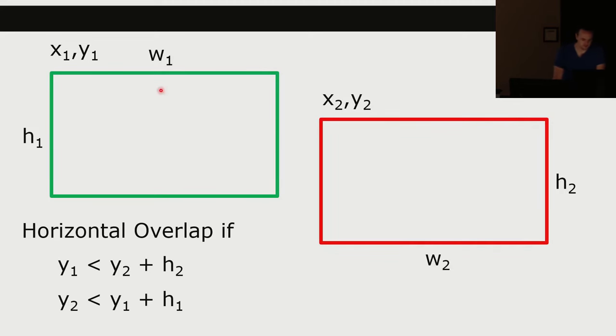The top of this, y1, has to be less than y2 plus h2, so it has to be above this one. Because y is flipped, above means less than. And also y2, the other top, has to be less than y1 plus h1 down here. So there is horizontal overlap if this is true.